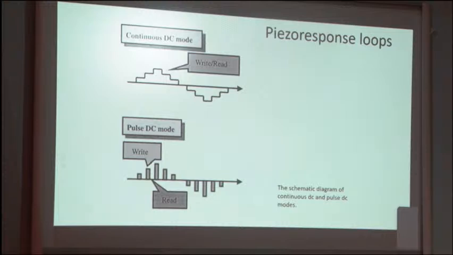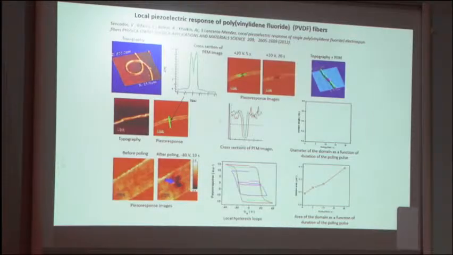We use this because we have an additional electrostatic effect, and in this situation it is better to measure without electric field. But macroscopic, as I remember, we use this scheme. And this is another example. This is PVDF. It's a very famous piezoelectric, ferroelectric organic polymer with strong piezo response.